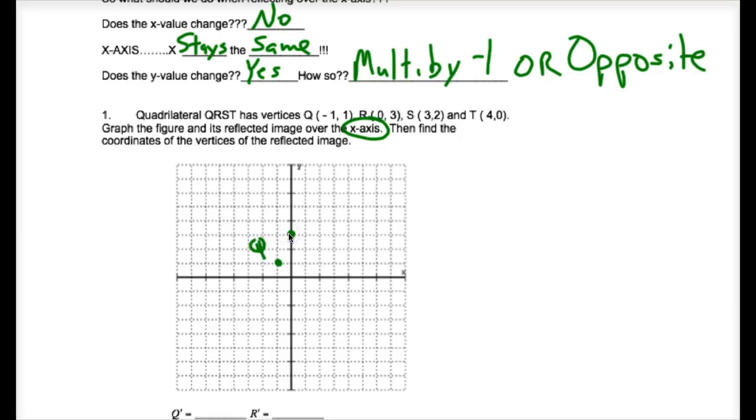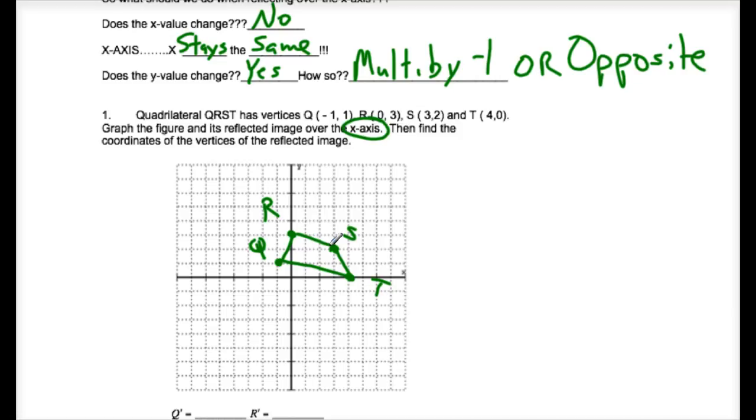So it's 3 units up on the y-axis. There's R. S is at 3, 2. Over there in quadrant 1. And T is at 4, 0, which is right on the x-axis. There's T. Connect your 4 points to show a quadrilateral, a four-sided figure.